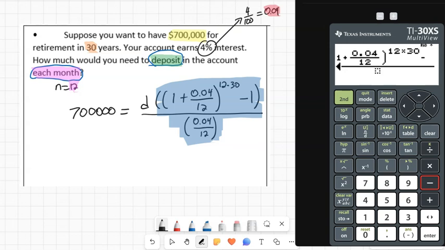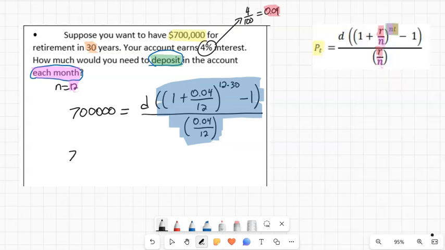Make sure you're using the subtraction, and then close numerator parenthesis denominator, another fraction, 0.04 over 12. You don't need a parenthesis around this one because of the math print mode. So that's the number that we have highlighted in blue.